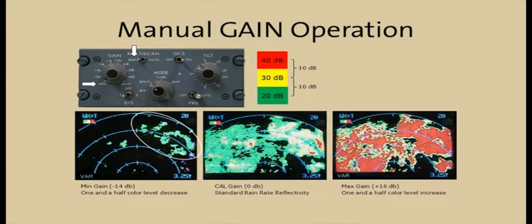Essentially, in min-gain only thunderstorm cores are displayed, and they will be represented as green or yellow. Min-gain should be used for momentary weather evaluation only, and then the gain should be returned to the cal gain position in order to avoid underrepresenting the thunderstorm threat. Man gain is displayed above the tilt code when the radar is in any position other than cal.